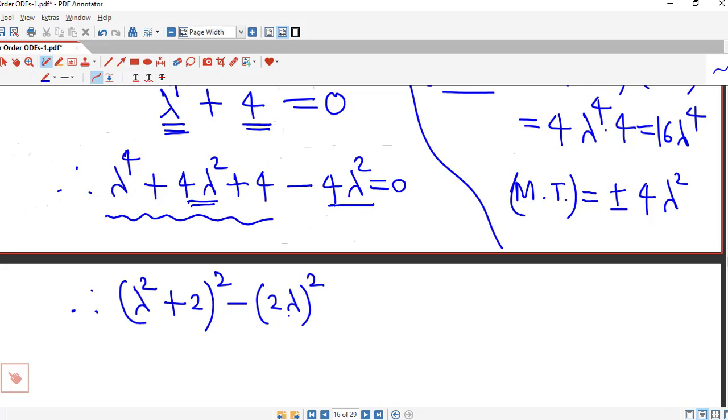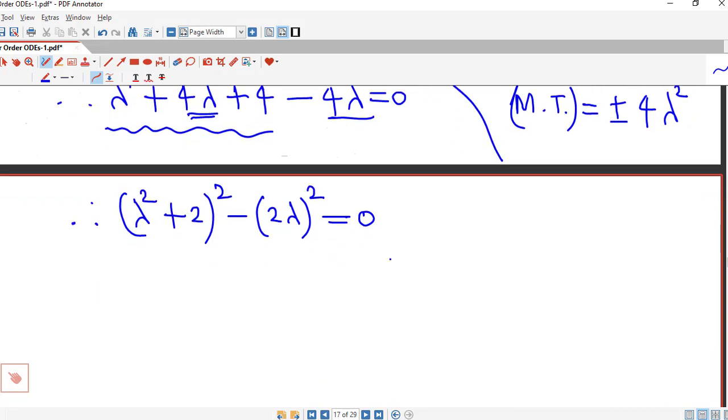So 4 lambda square can be written as the square of 2 lambda, that is 2 lambda square is 4 lambda square. Okay, fine. Now we use the formula of a square minus b square with a equal to lambda square plus 2 and b equal to 2 lambda.